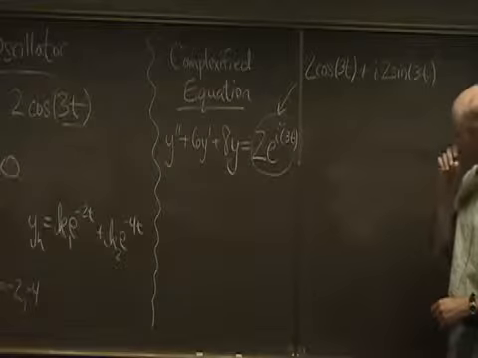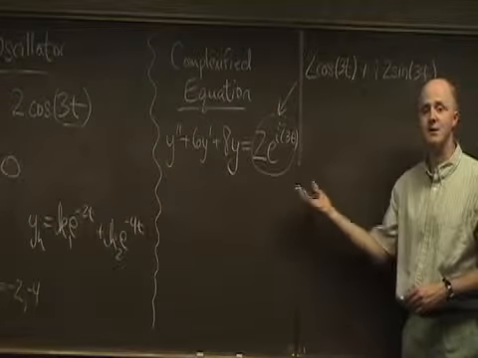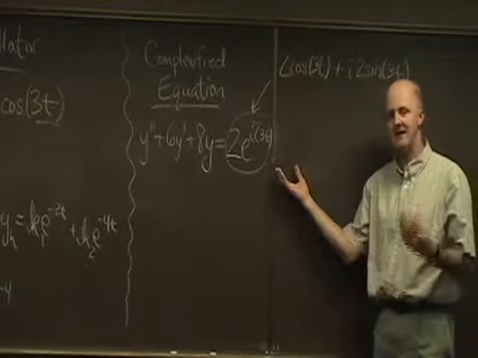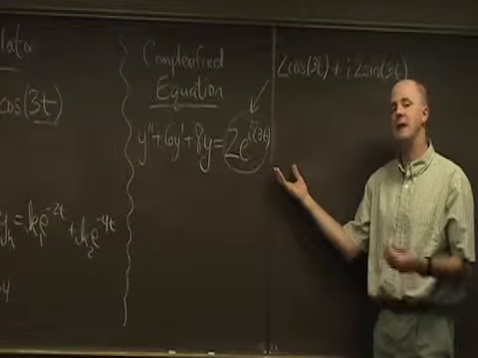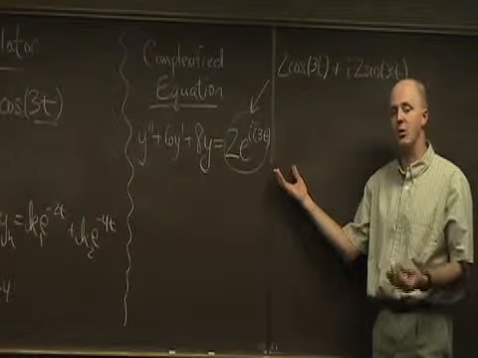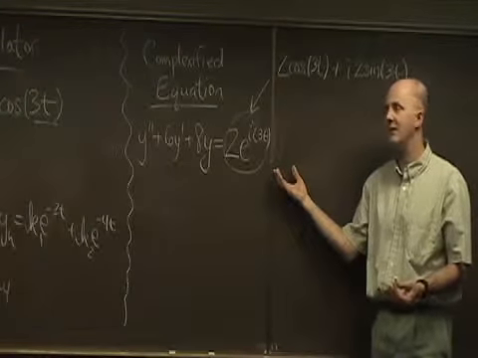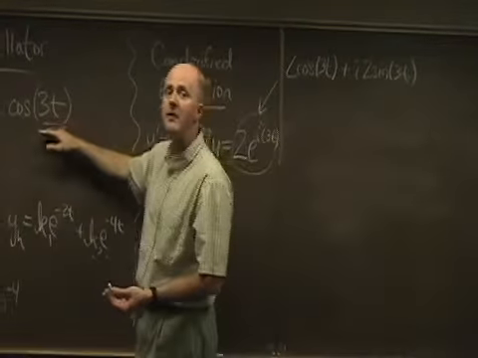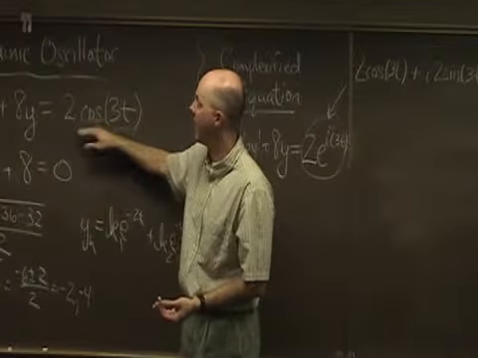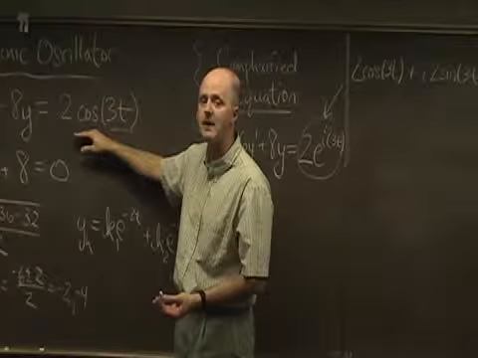What we're going to end up doing is guessing a solution to this complexified equation as an exponential function. And in the end, once we figure out what exponential function works, the real part of that will be yp for the original equation. We picked the real part because our original equation has a cosine on the right-hand side.